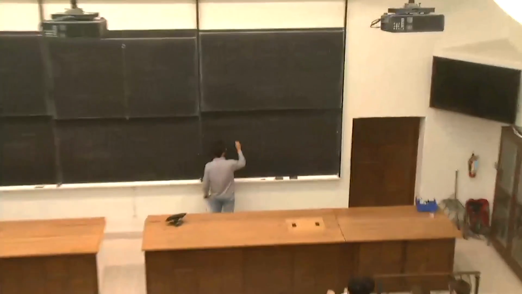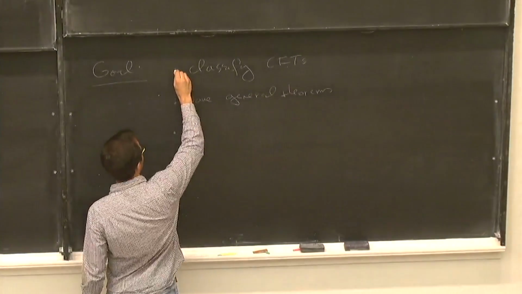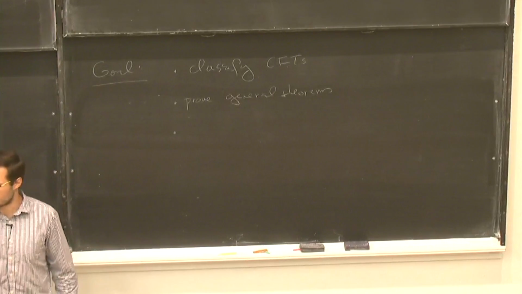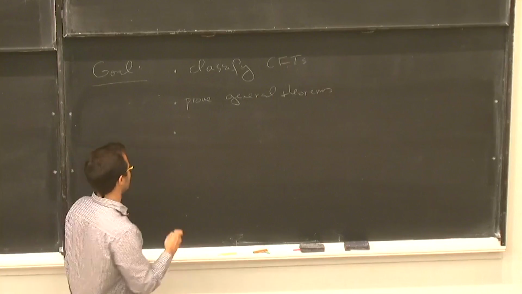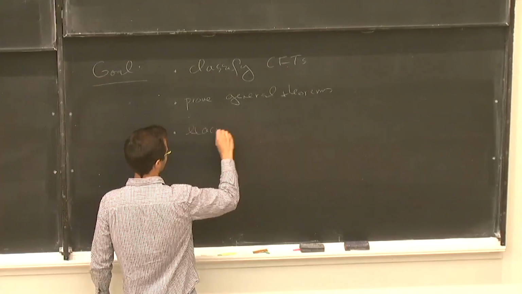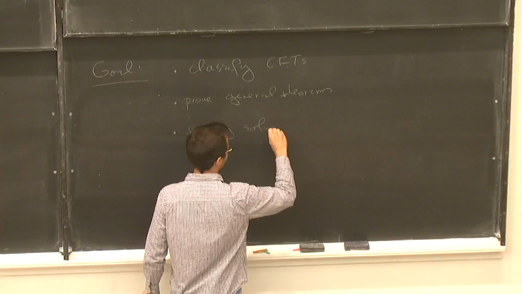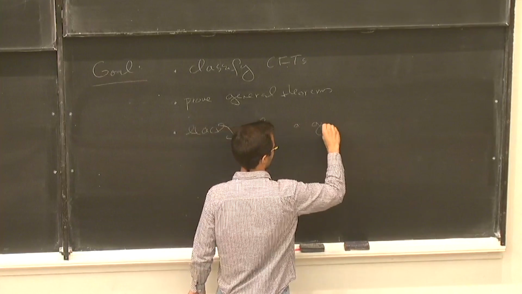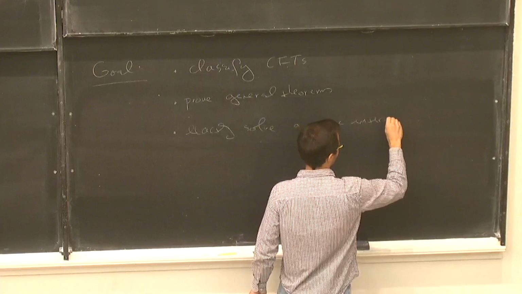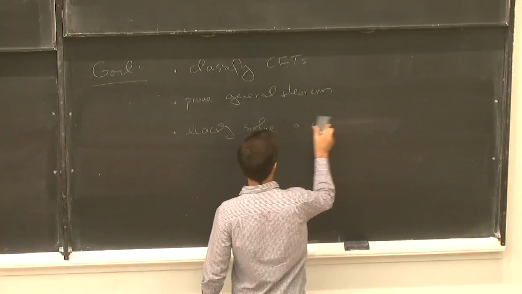But I think one thing which would be very nice and which we still haven't done is to literally, exactly solve some generic interacting CFT. You know what? I'm just going to say solve the 3D Ising model.